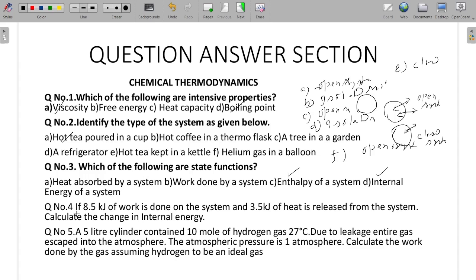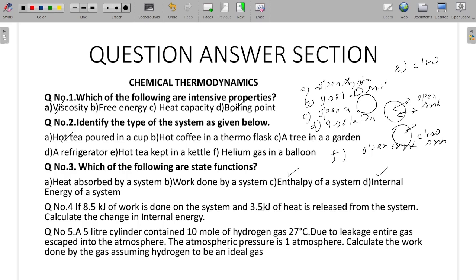Then number 4. If 8.5 kilojoule of work is done on the system, and 3.5 kilojoule of heat is released from the system, calculate the change in internal energy.